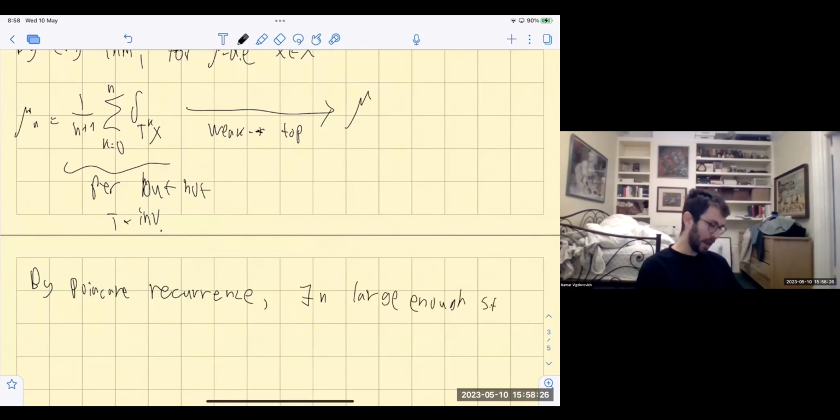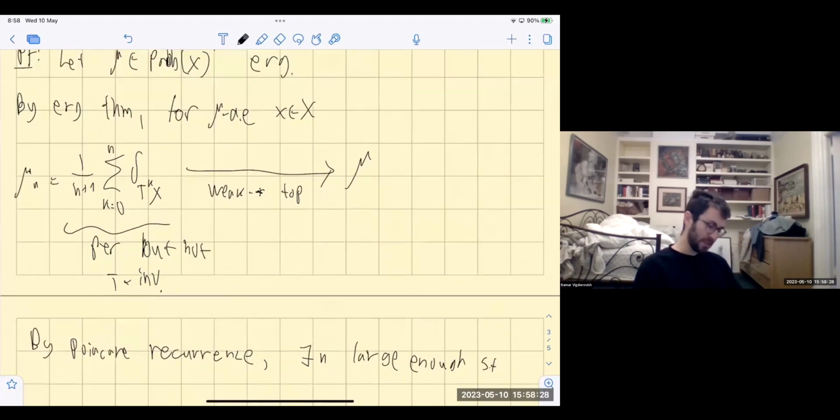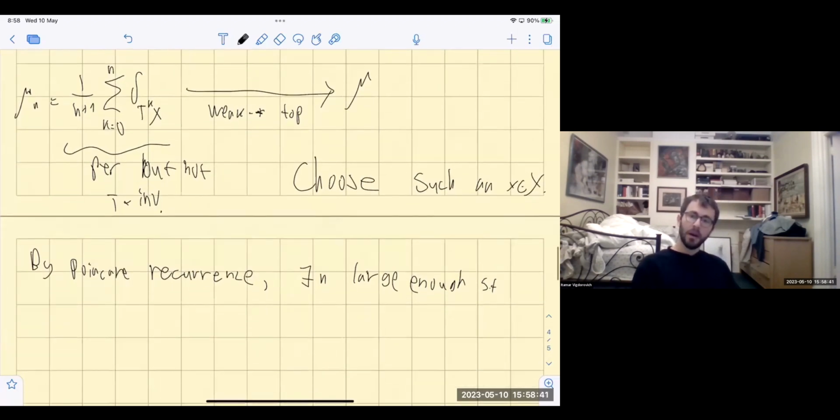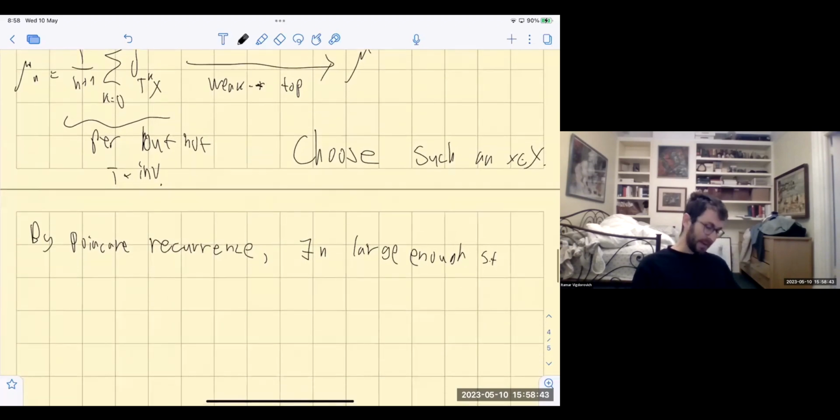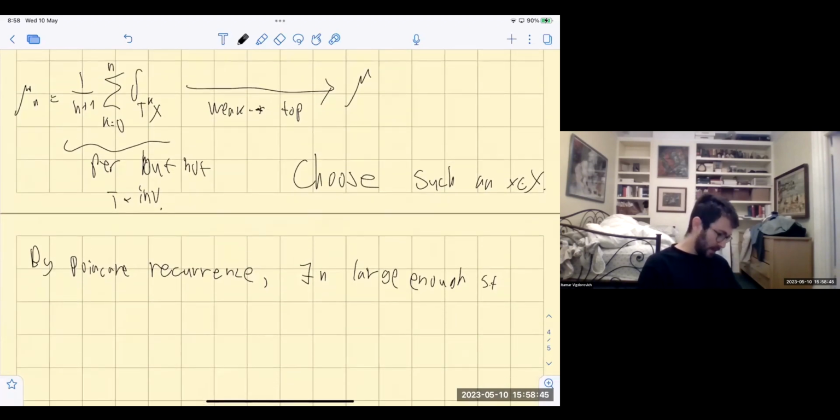Wait, first this happens for almost every x, so I want to choose such an x. I'm fixing now an x. So by Poincaré, there exists n large enough such that T^n x is very close to x.